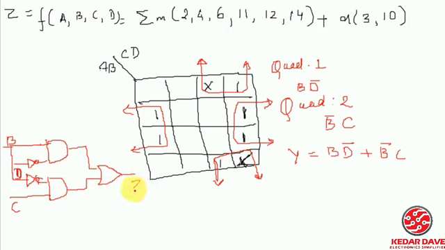The output will be Z over here, and B D bar is taken, and over here B bar C is coming. So we are getting the required term.